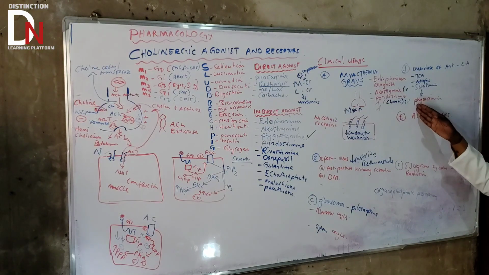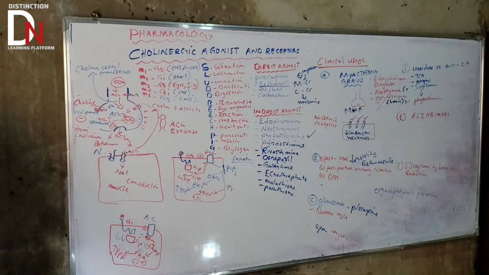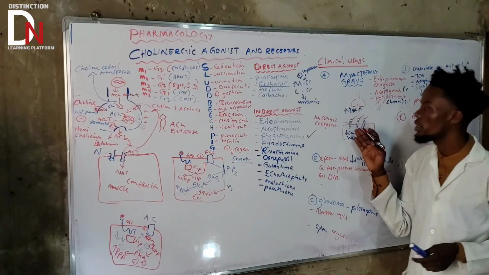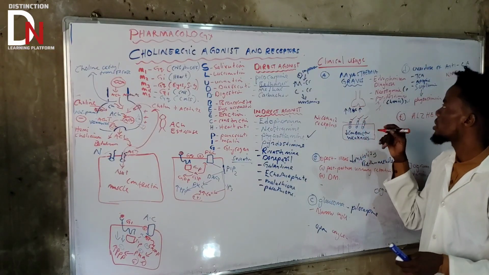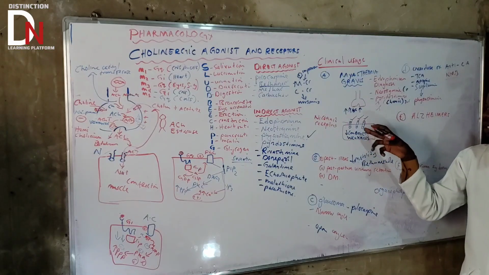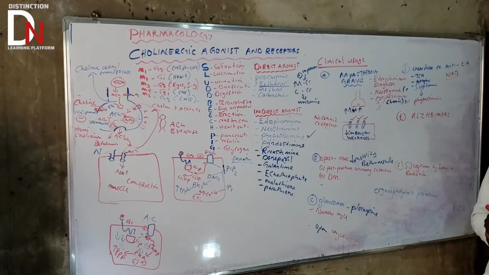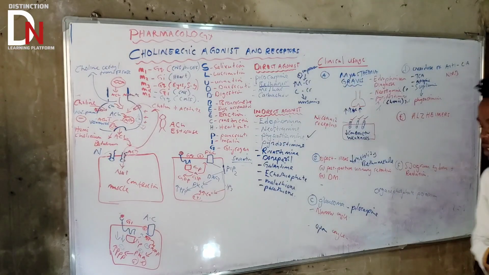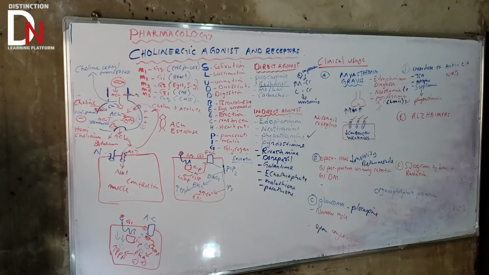Apart from this, also maybe if you have a neuromuscular blockage. Remember these nicotinic receptors, not because of myasthenia gravis, but maybe you gave a drug that was blocking the neuromuscular junction.